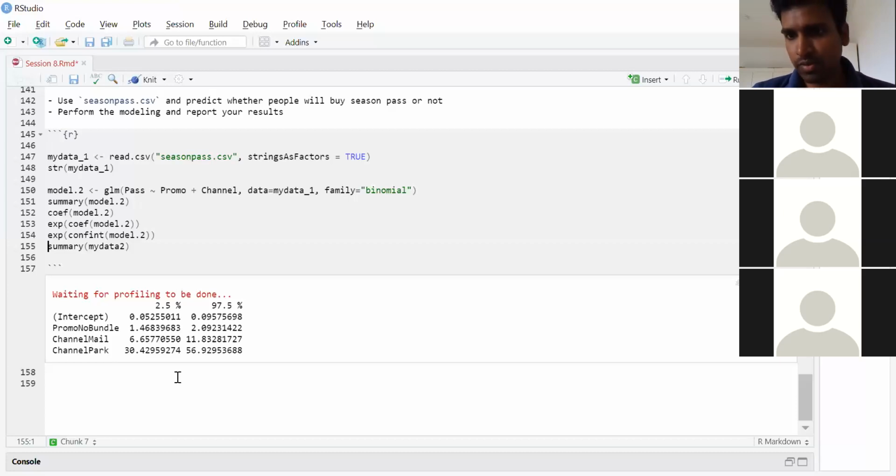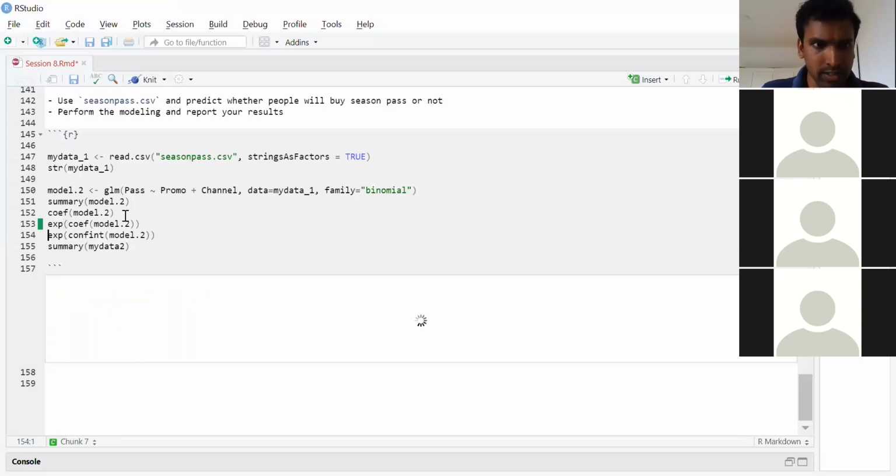Okay, so thanks, Swati. I think you gave a very good overview of it. Let me explain as well. As Swati said, this basically tells you the boundaries of the data. So let's get back to the coefficients model.